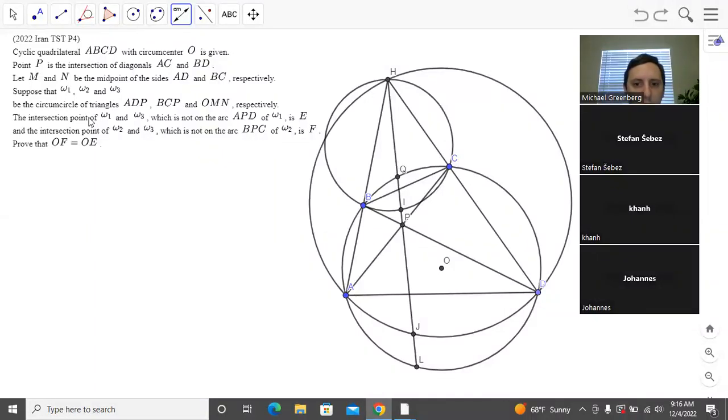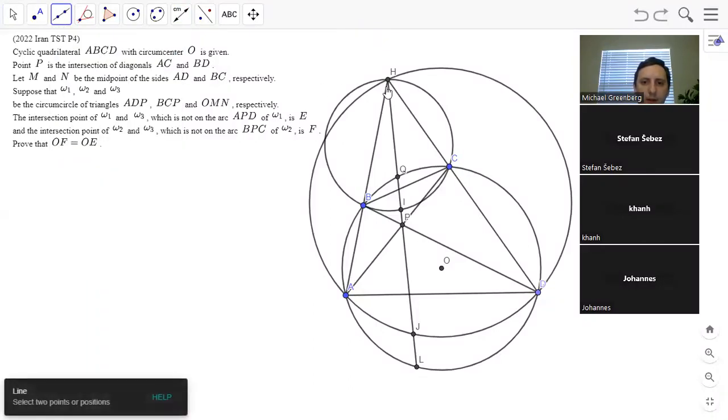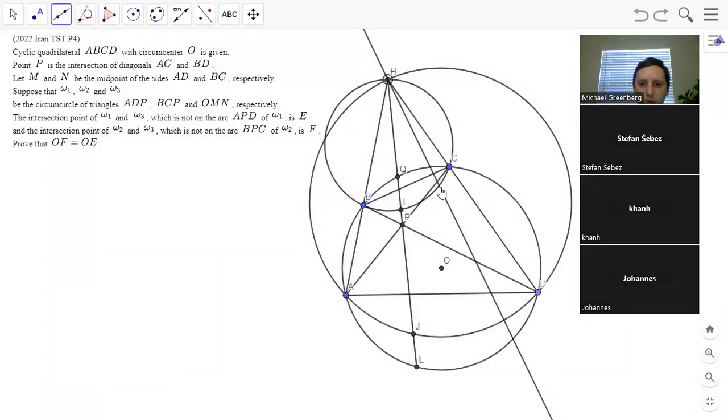Okay, so any line. So you're saying even if it was a different line, like this one, it would still be true that QI equals JL.